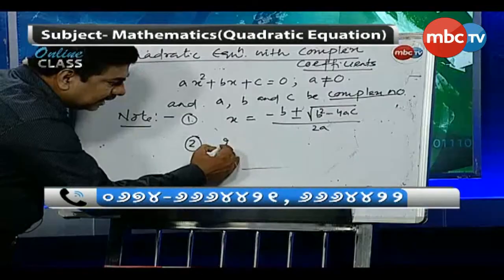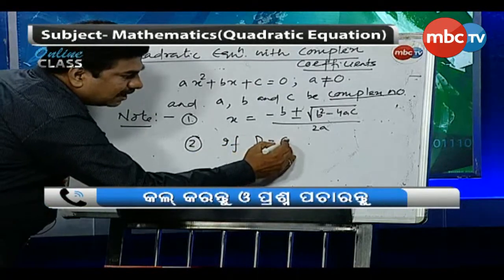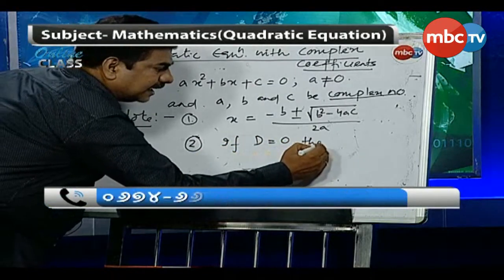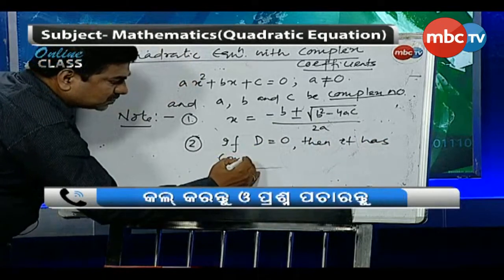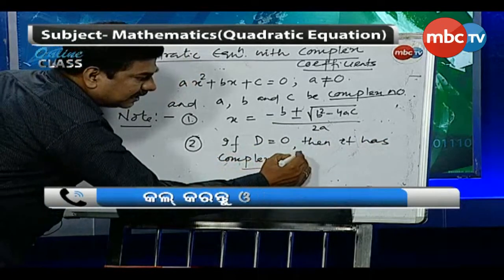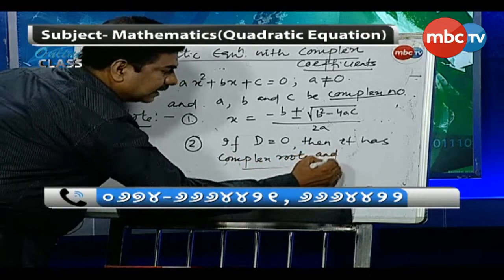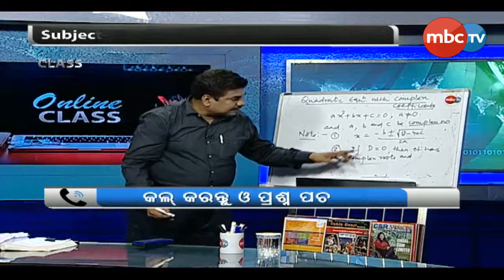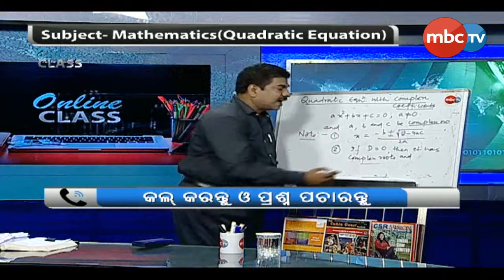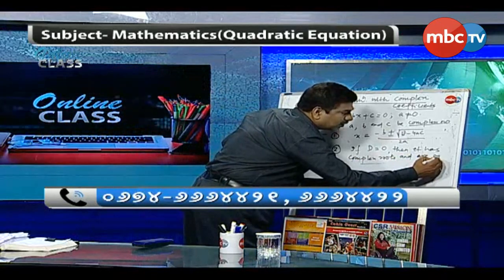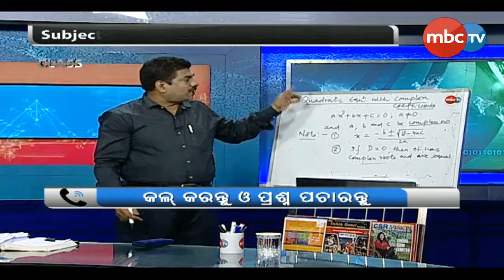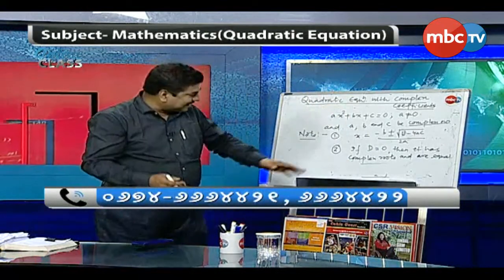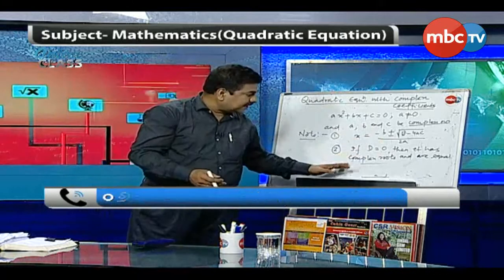Here if D is equal to 0, then it has complex roots and they are equal. In case of a quadratic equation with real coefficient, if D equal to 0, then it has real roots.